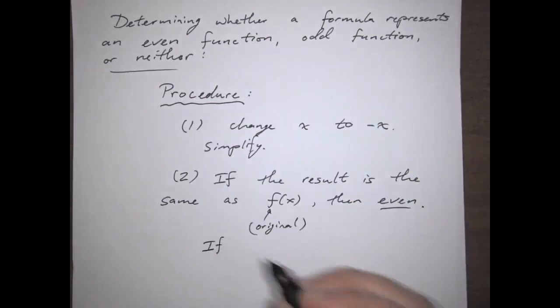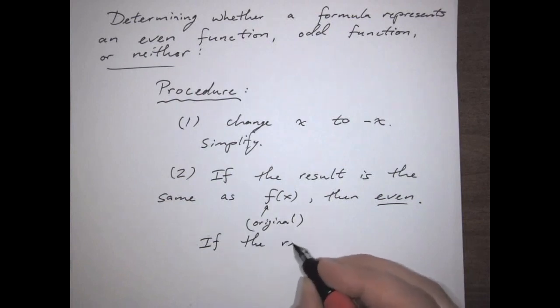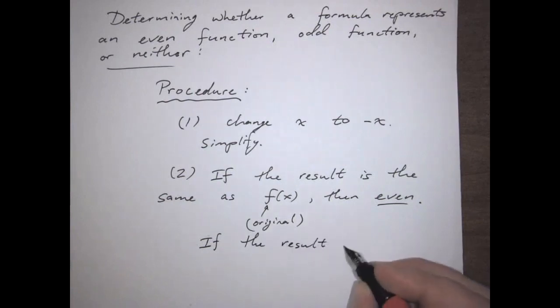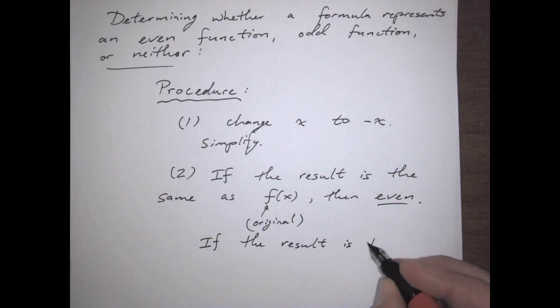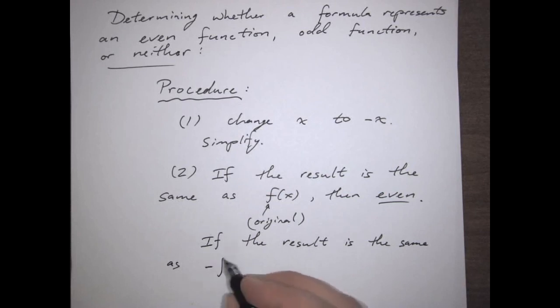If the result is the same as negative f of x. So in other words, the original, but with a negative pulled out to the very front.